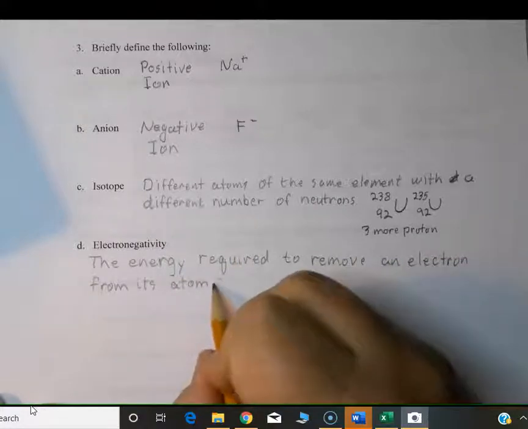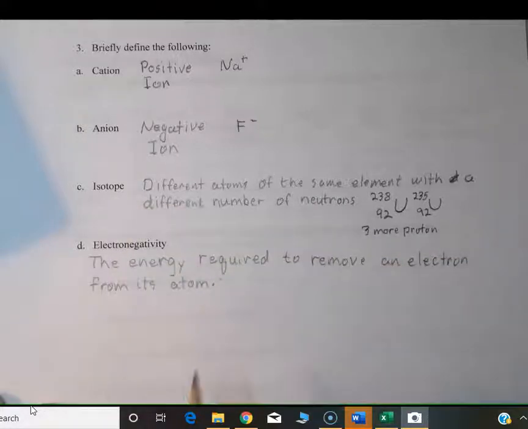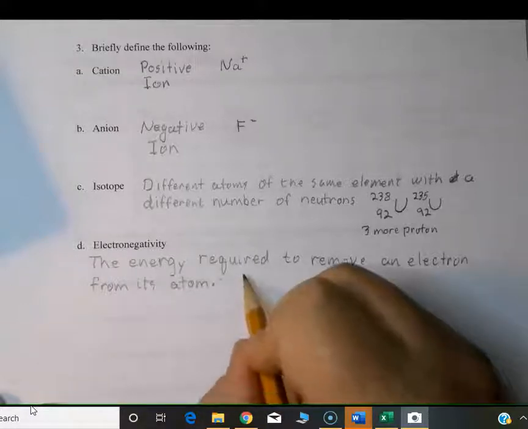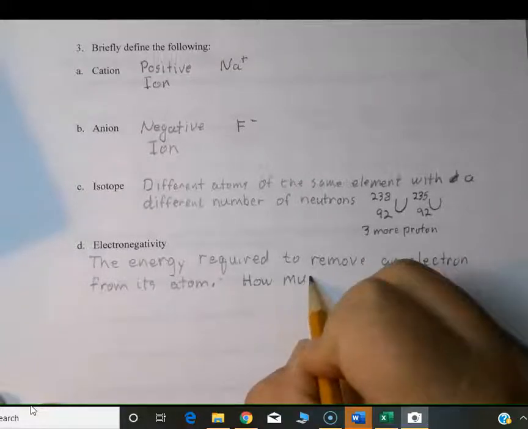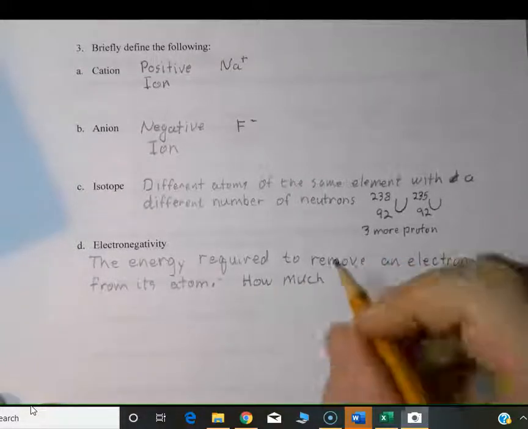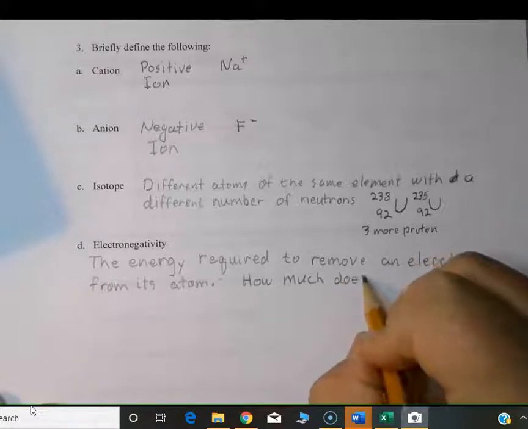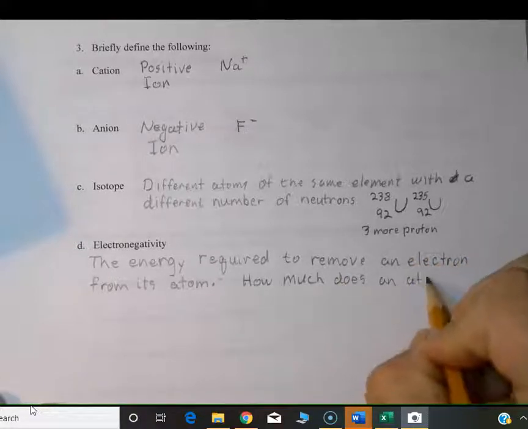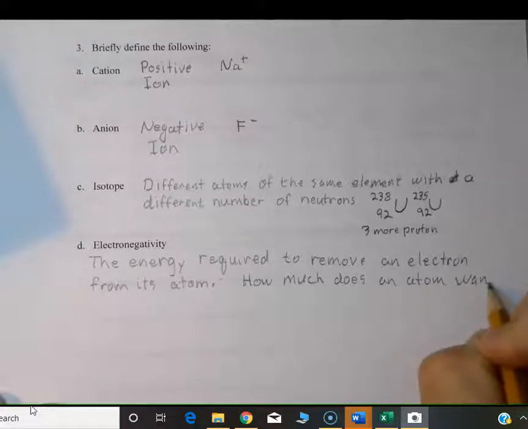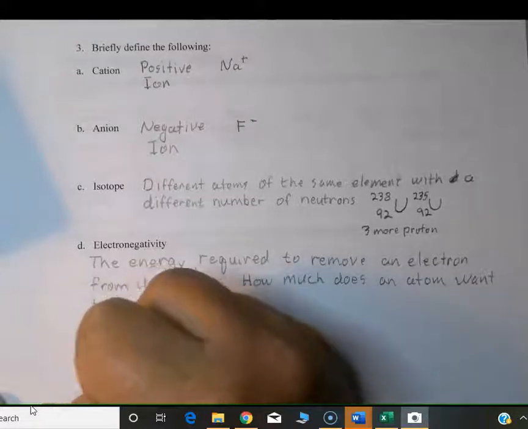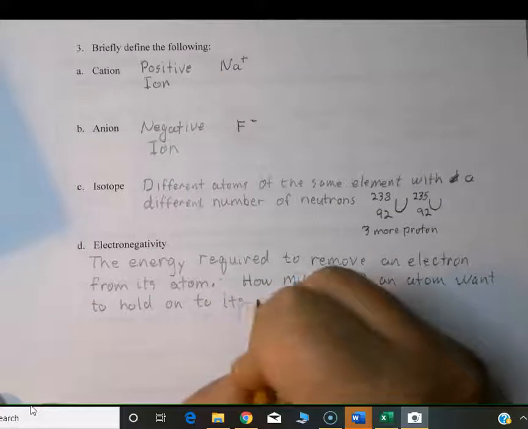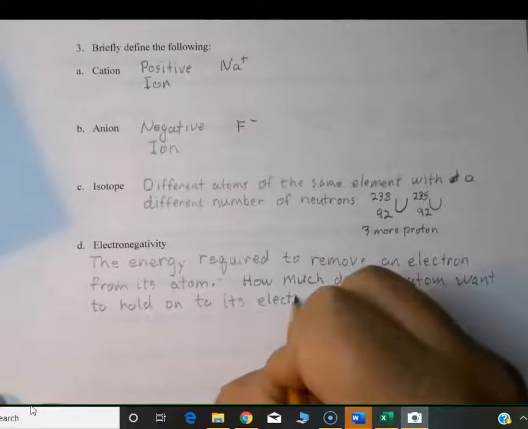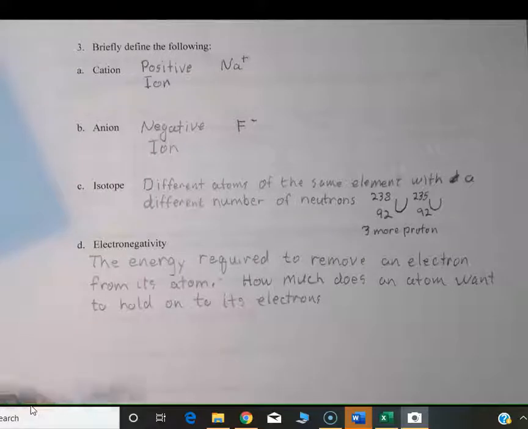Alternately, you can think of it, and this is just colloquial, not the formal definition, as how much an atom wants to hold on to its electron. If it has low ionization energy, it really doesn't want to hold on to its electron very much. Okay, so those are the definitions. We'll have different definitions on different days.